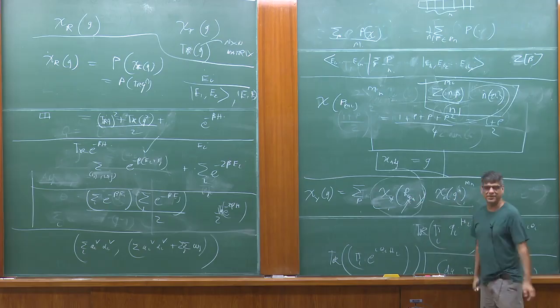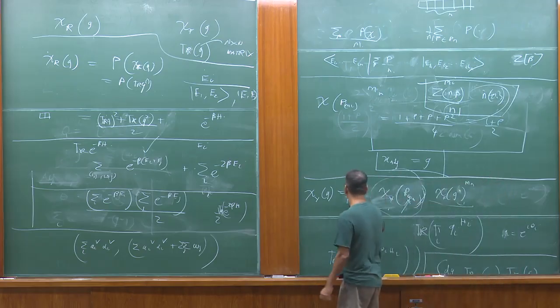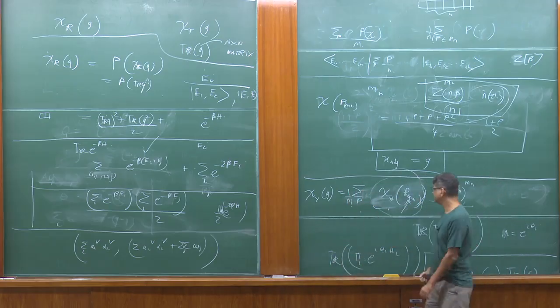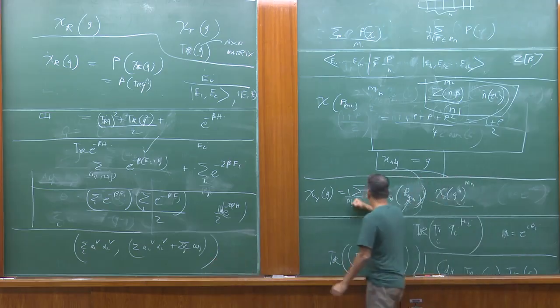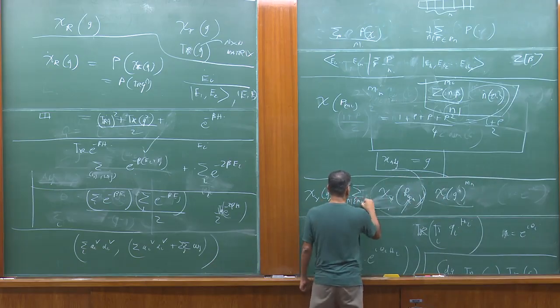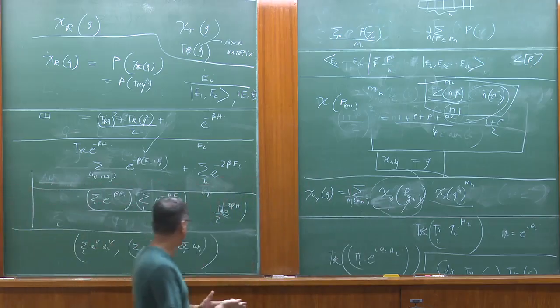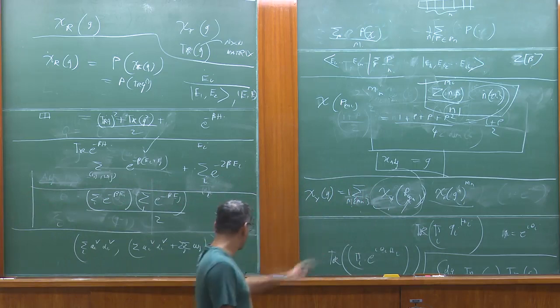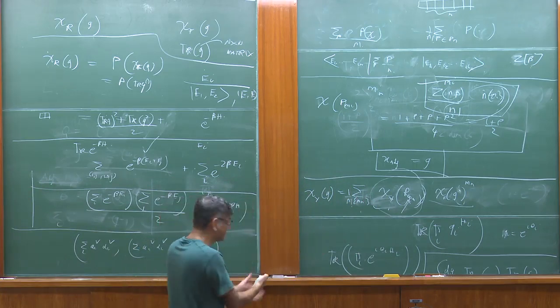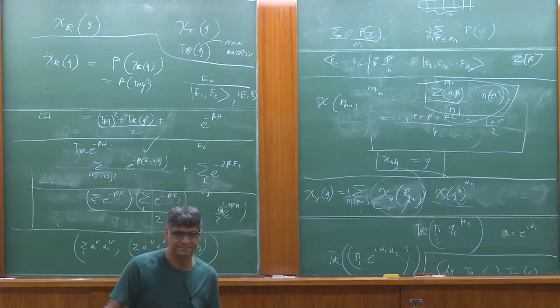And then you get this quantity, and there may be a 1 by n factorial here. The sum is over all mn's such that the total number of mn's equals the total number of boxes in the Young tableau.